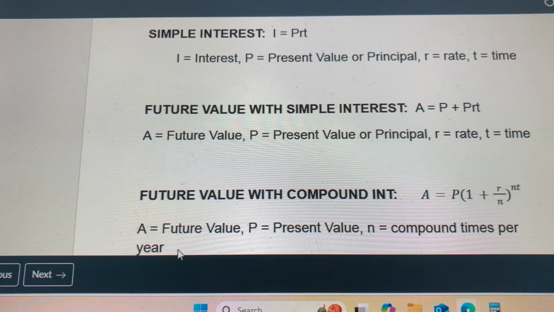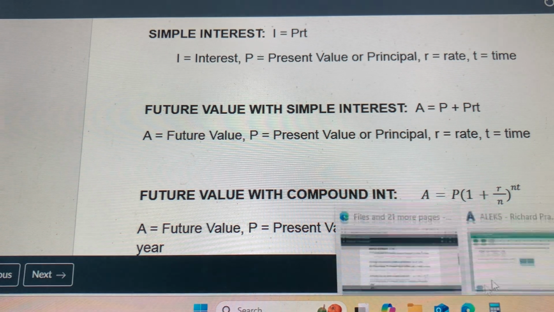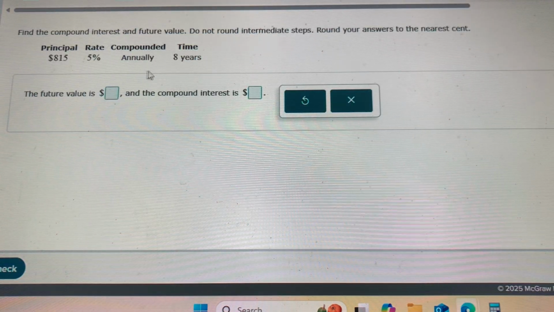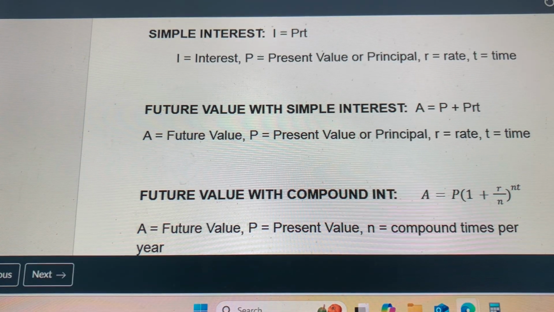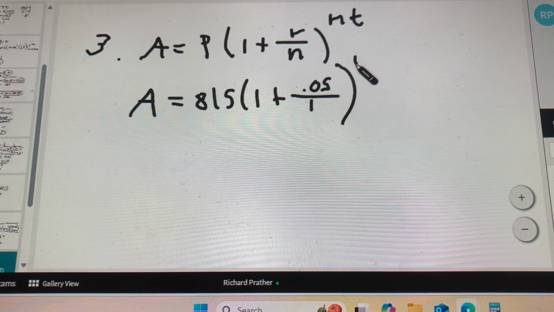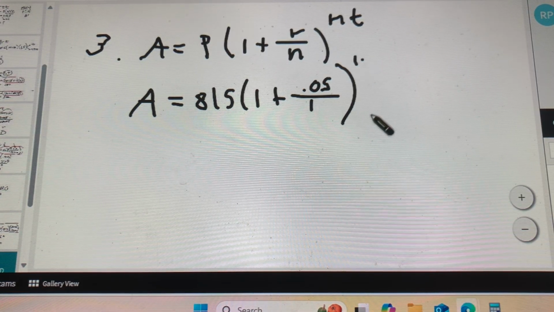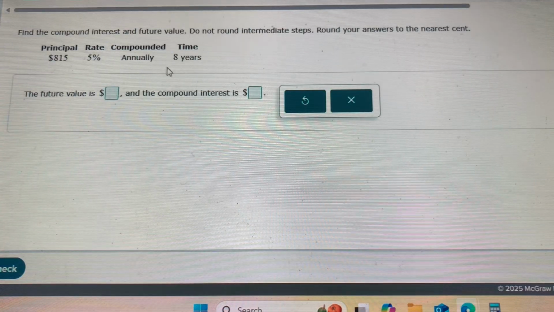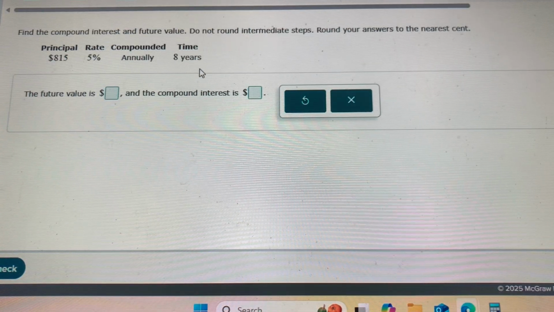So monthly is 12, daily is 365, quarterly is 4, semi-annually is 2, but this one's annually. Annually is once a year. So then you put a 1 here and a 1 there. It always repeats. And then the years, usually they give you years here, so 8 years.